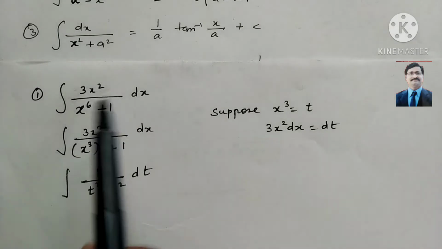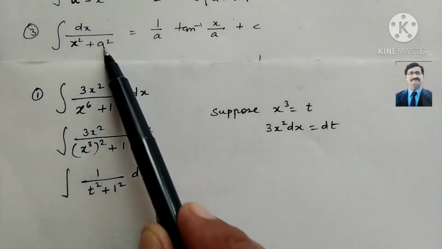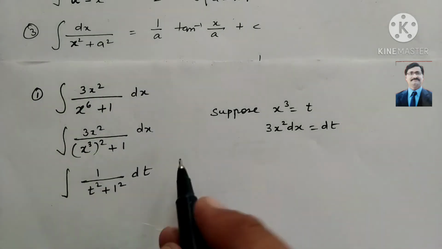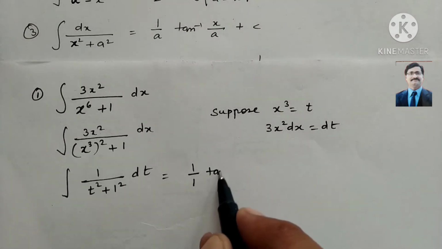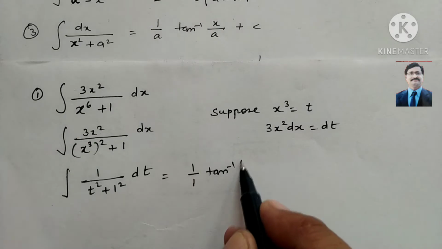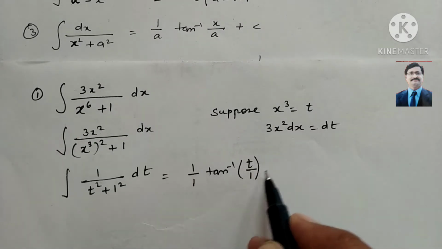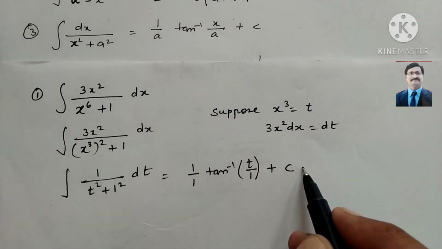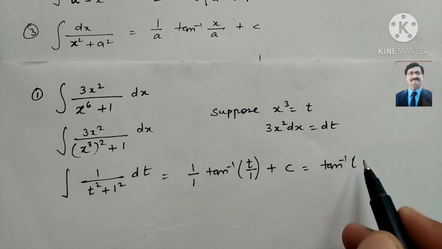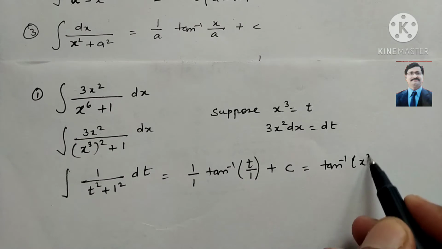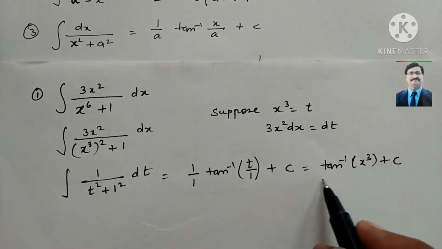Now we can check this formula, both are the same. This is tan inverse, so 1 upon a is here 1, tan inverse x by a, x is here t and a is 1, and plus c. So we can write tan inverse t, and in place of t we write x cube, plus c. So this is our answer.